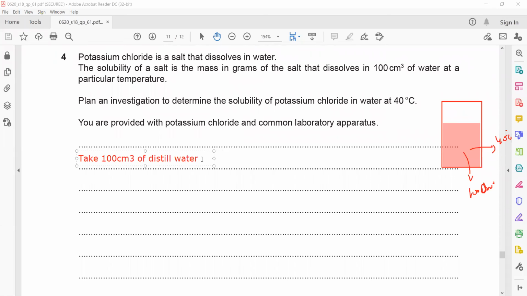So we take 100 cm cube of distilled water by measuring cylinder. The reason why I did not mention the burette here is that a burette can measure a maximum of 50 cm cube, so I would have to refill the burette and transfer to a beaker. That is one thing.